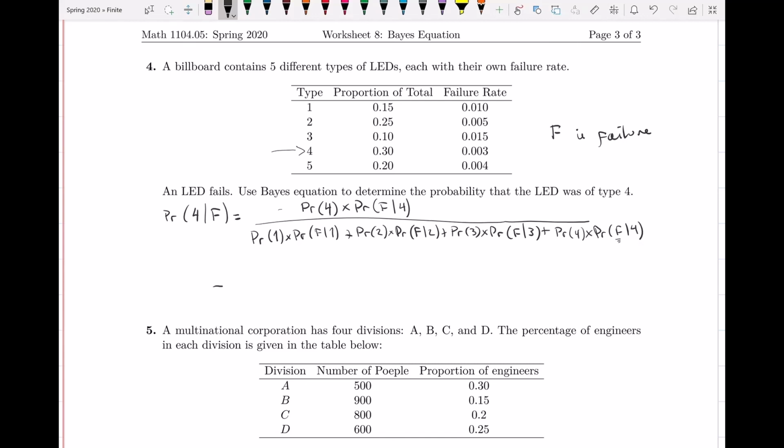All right, so we just plug the numbers in. Probability of being 4 is 0.3 times the probability of failure given 4, which is 0.003.